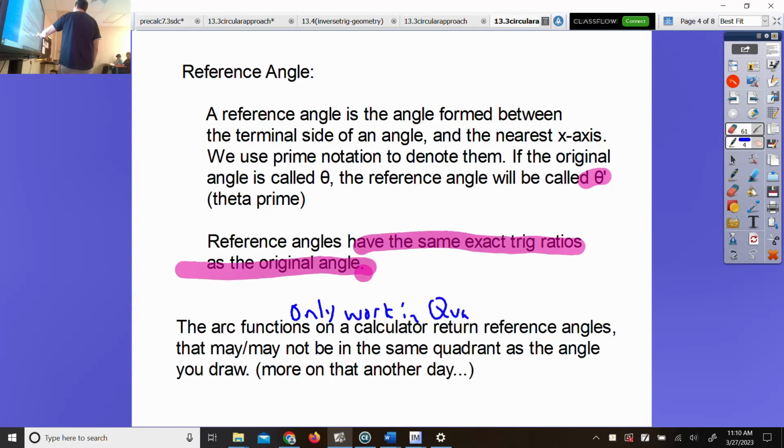They only really work in quadrant 1, and you're drawing angles all over the place. How much can you trust a calculator? 1/4 of the time. It actually ends up being a little higher than that, but about 1/4 of the time you trust a calculator. So the arc functions on a calculator, with the exception of arc cosine, return reference angles that may or may not be in the same quadrant as the angle you draw.